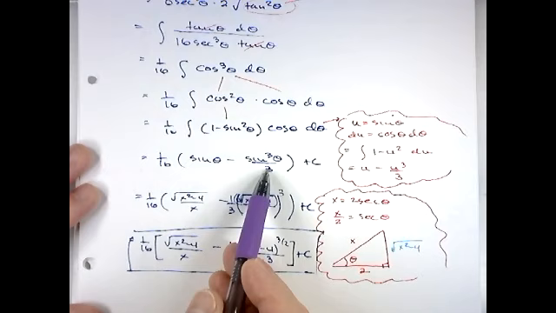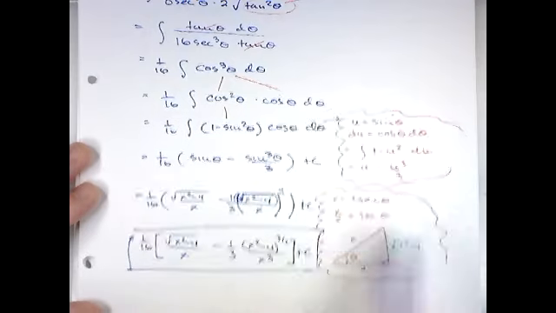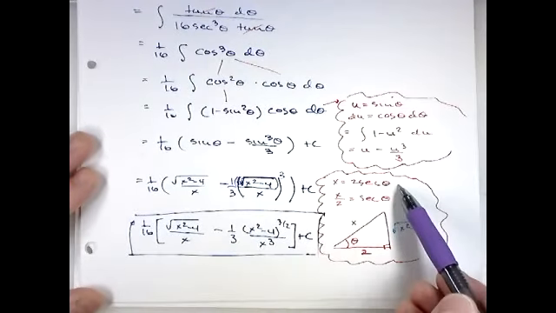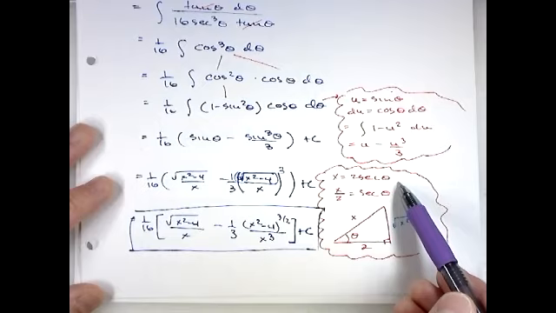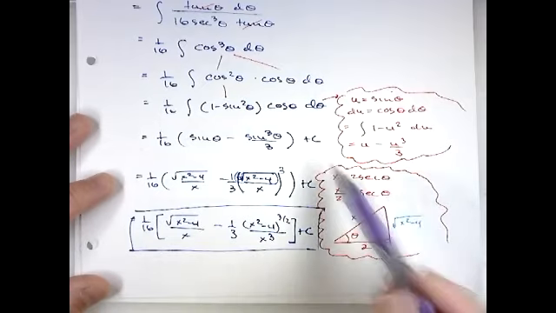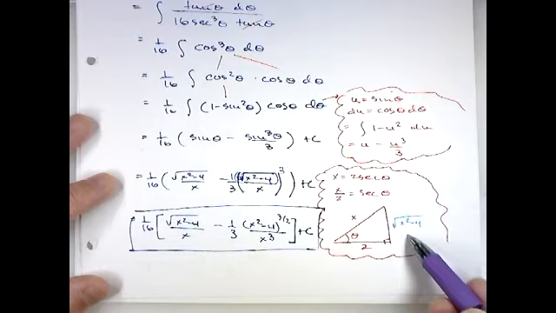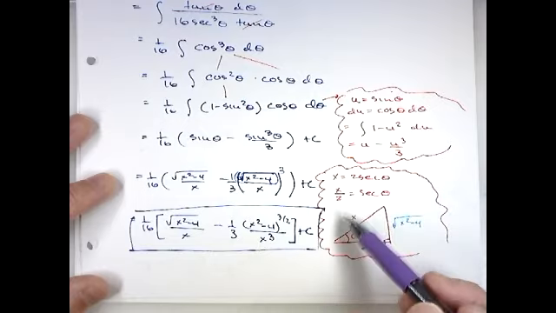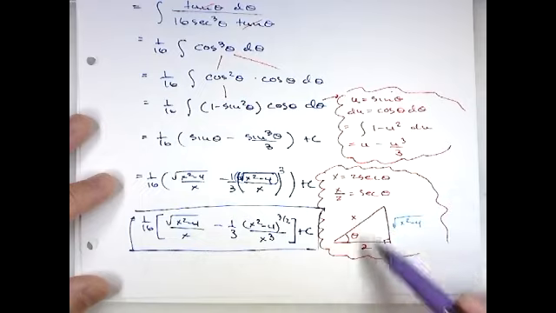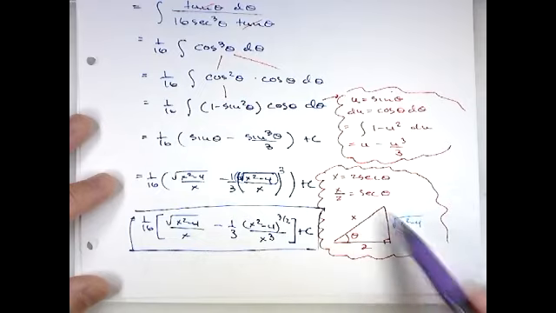Get down to this and use our original substitution. I like to do this at the end. You can do it at the beginning if you want, but once I know I have to get this back in terms of x, I can always go back and draw my triangle. The secant of theta should have been x/2. Instead, hypotenuse over adjacent, right here.